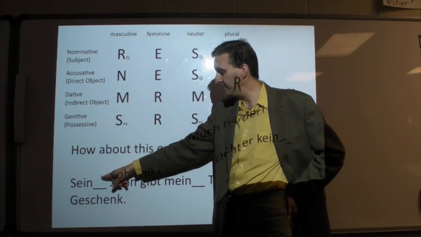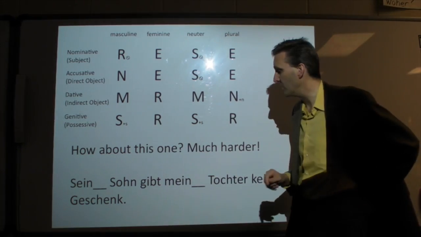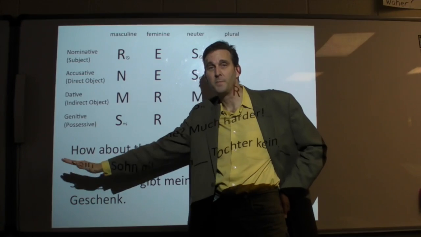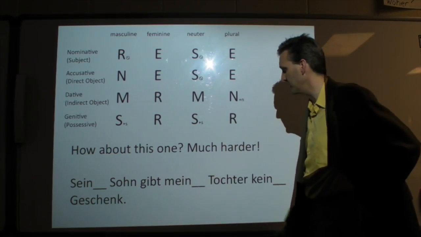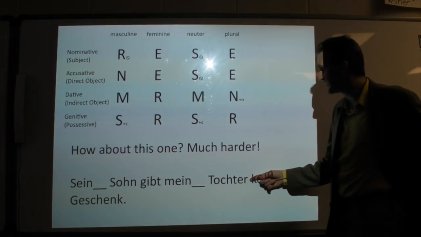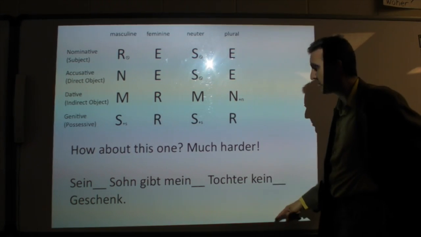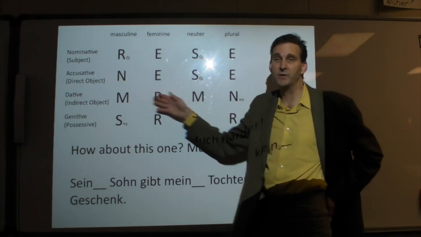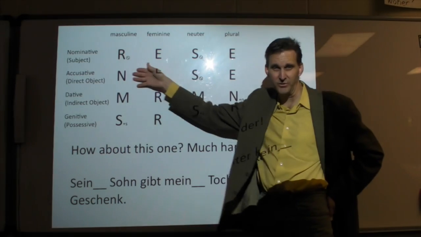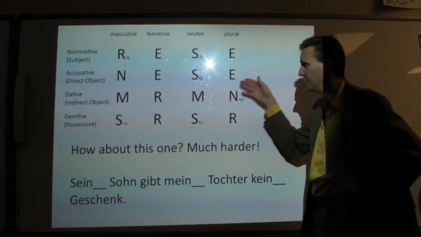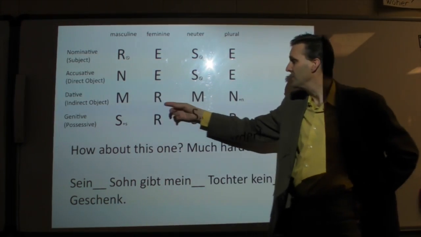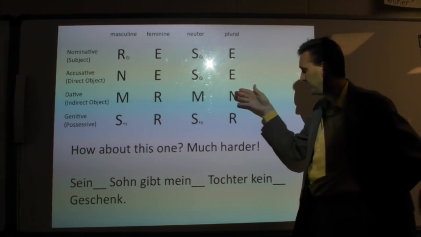Yes, it does. That is an ein word, so that orphans its endings, no ending there. Sein Sohn, gift. Tochter, she's receiving the present, which means she's the indirect object. The present, of course, is the direct object. That's what's being given. Okay, so the daughter is receiving that.